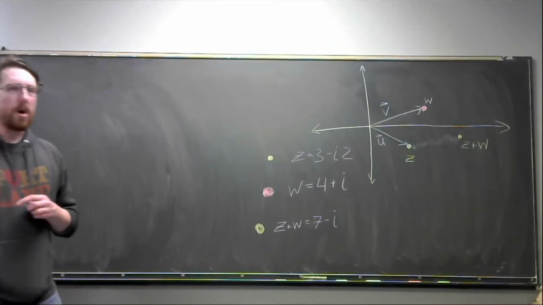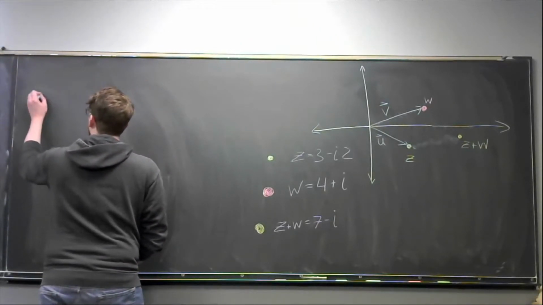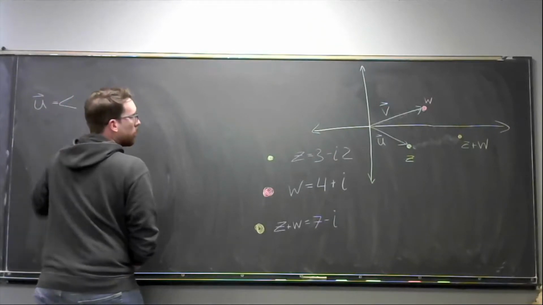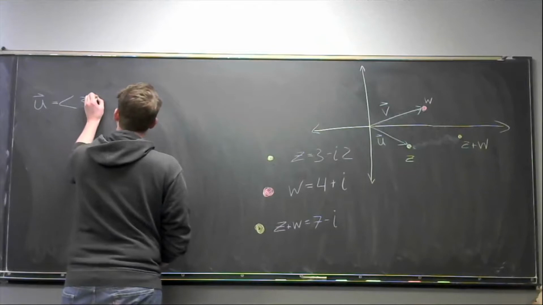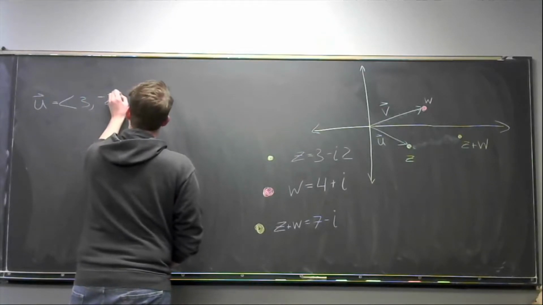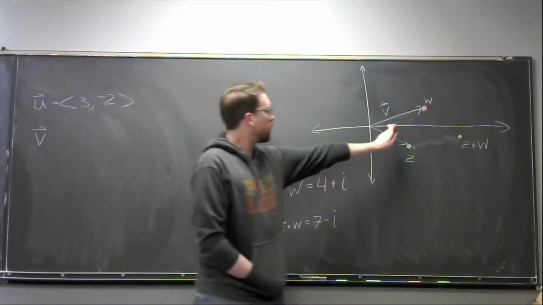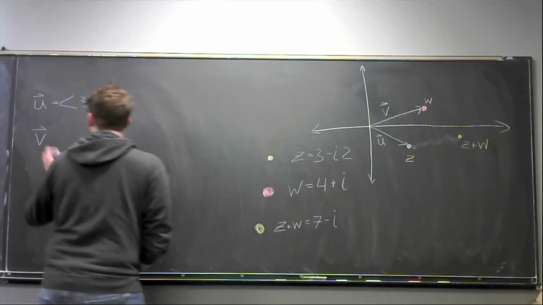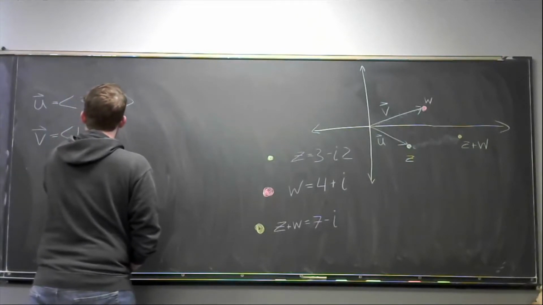Looking at our graph, the vector u is equal to (3, -2), and the vector v is equal to (4, 1).